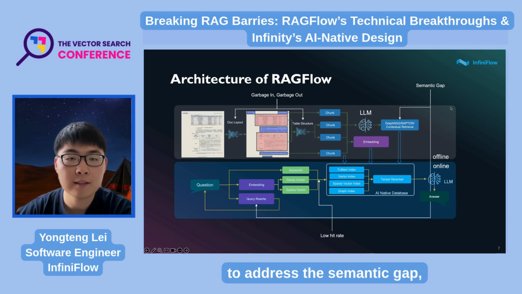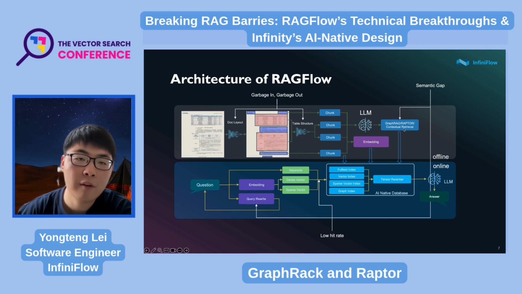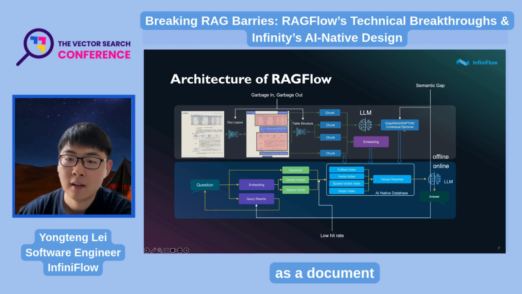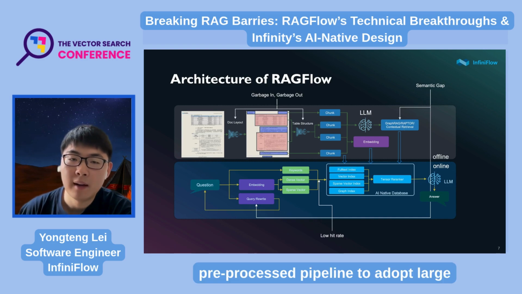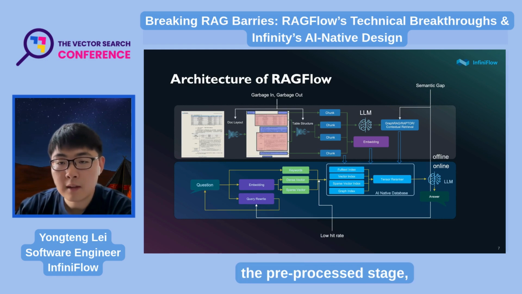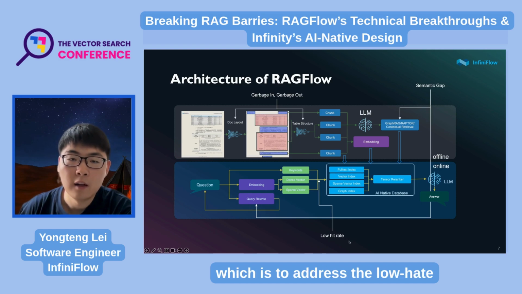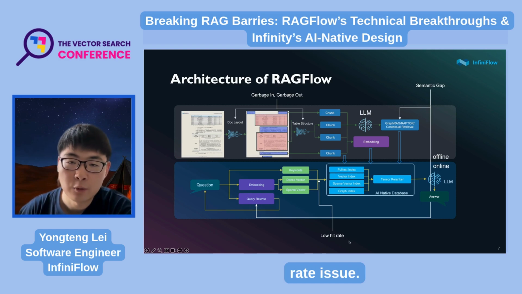And to address the semantic gap, we leverage techniques like GraphRAG and RAPTOR as a document pre-processing pipeline to adopt large language models to better align them with users' intent. After the pre-processing stage, we've come to the final pipeline, which is to address the low hit rate issue.